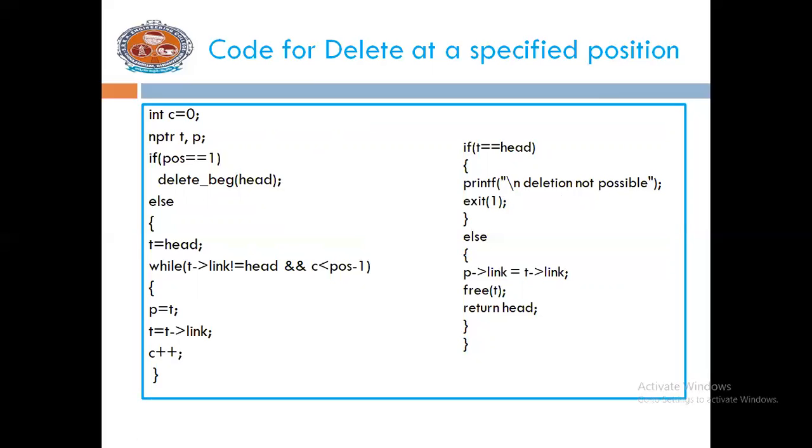I'll give you one example for this case. If our list contains 5 nodes and the given position is 8, after reaching the 5th node, we will go back to the initial node or head node, which is at position 1. So we cannot go to position 8 because there is no such node.